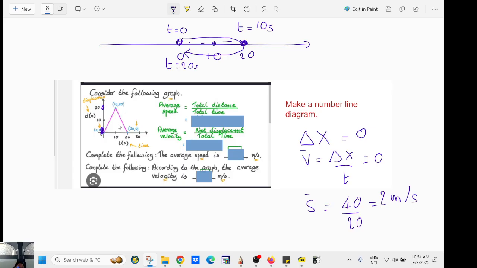Otherwise you see, you start from here, you go to 20. You change your mind, and you go back here. So is it a line here or is it a curve? It's a straight line, which means that the speed is constant. Very good.